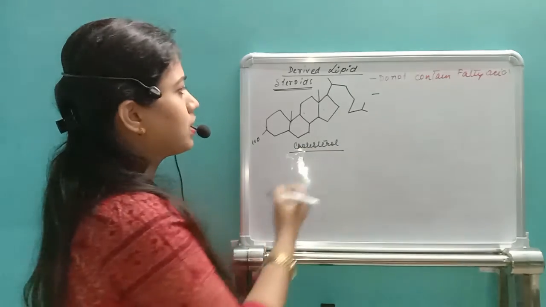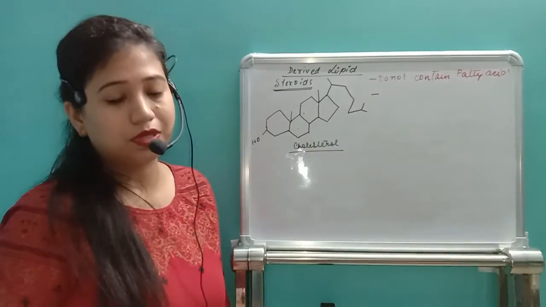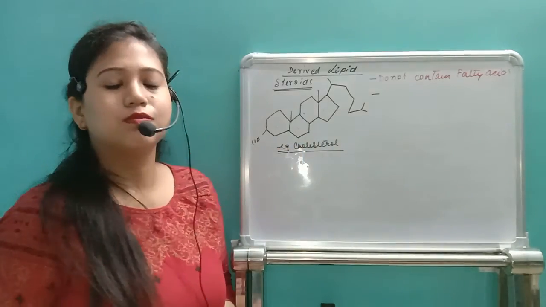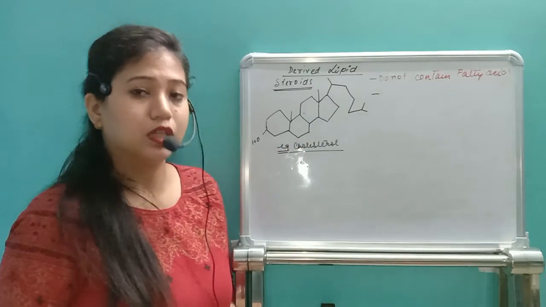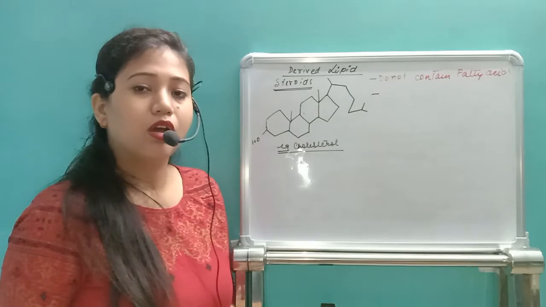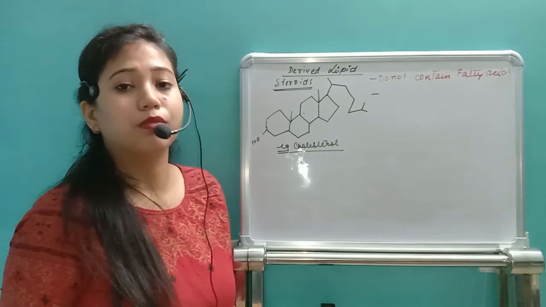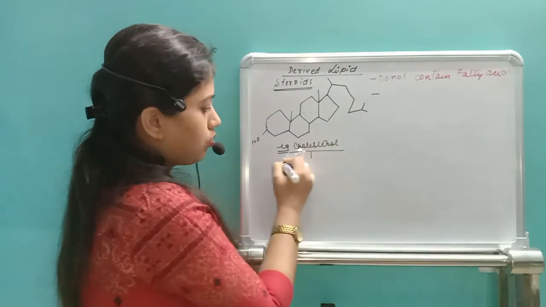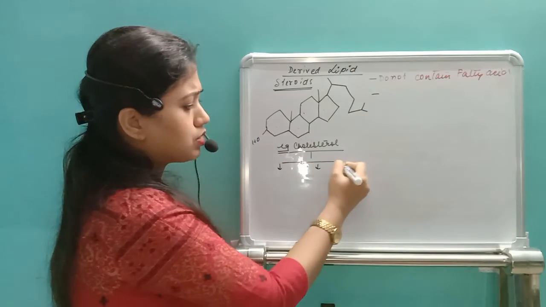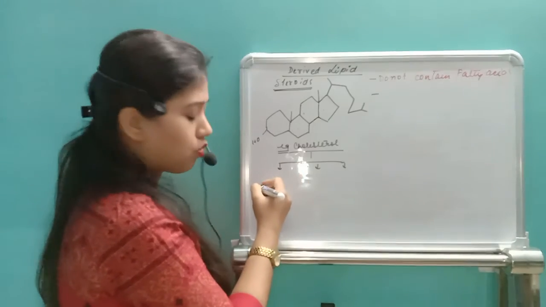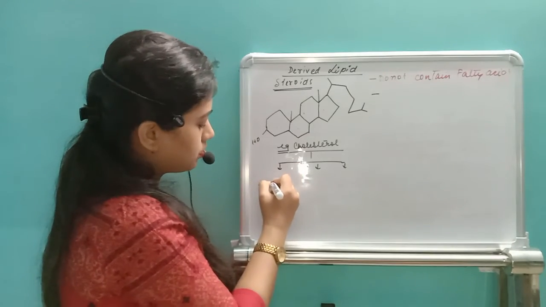So here one example of derived lipid is steroid, and one example is cholesterol. The cholesterol is most abundantly found in the human body, also in the animal body. The cholesterol is the precursor of a number of hormones. From cholesterol we can produce a number of steroid hormones. Some of the steroid hormones are the sex hormones like estrogens.